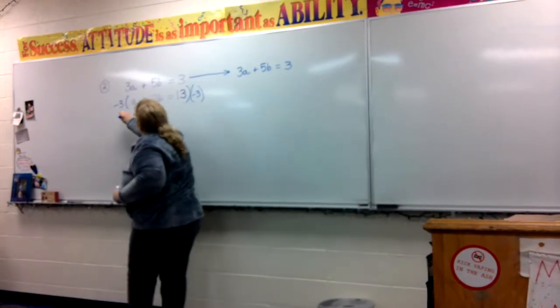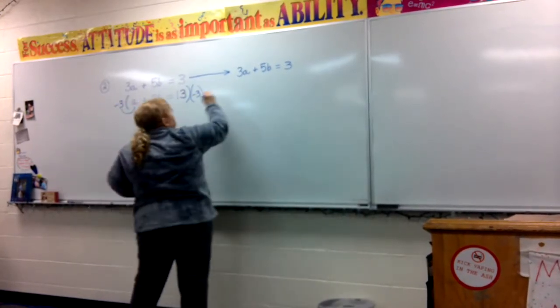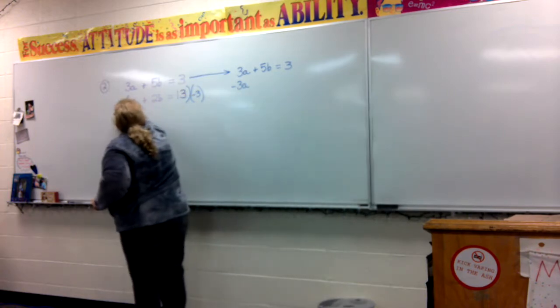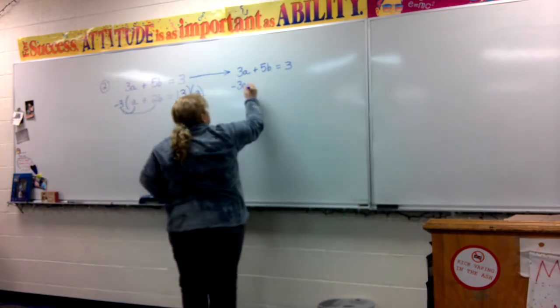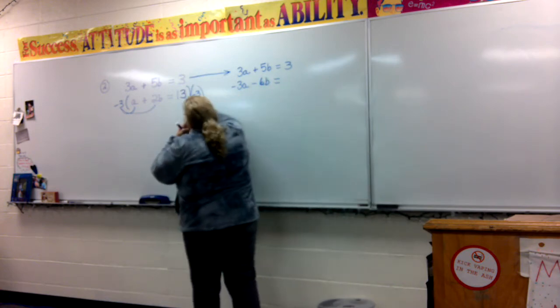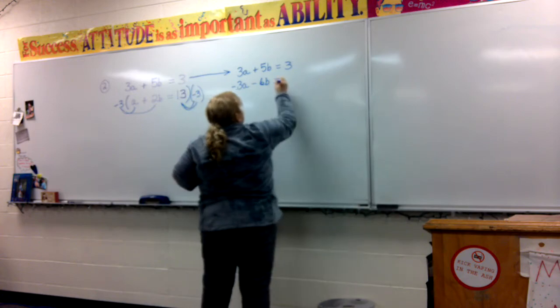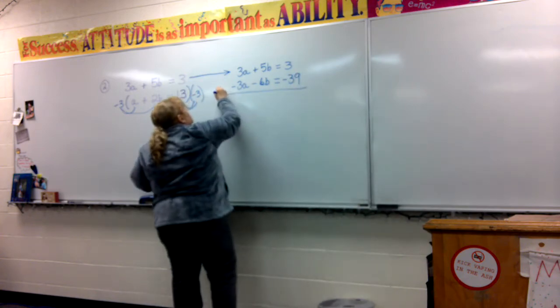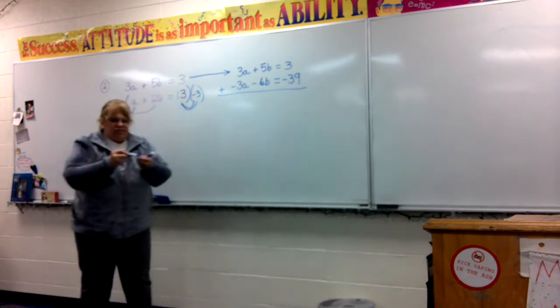And then the bottom equation, multiply everything. That'll give us -3a, -3 times 2b, minus 6b equals? -39. And then we're going to add those 2 equations together.